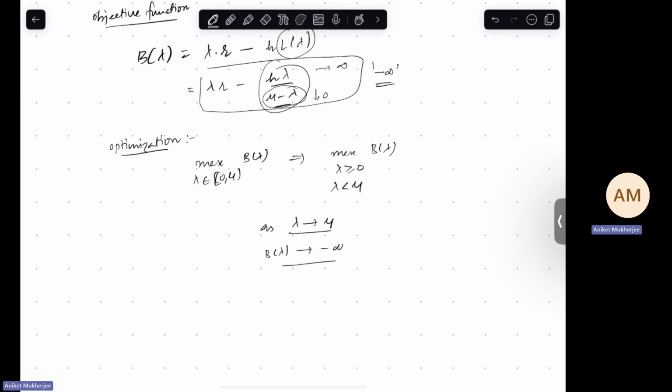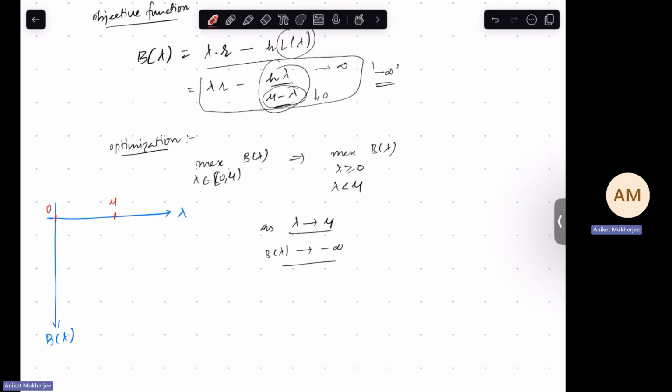So at one end of the spectrum, you have bounds on lambda. The lower limit of lambda is 0. If you substitute 0, you get 0. If you substitute mu, you get minus infinity. So suppose this is your lambda and this is your objective function b lambda, and this is 0, this is mu.